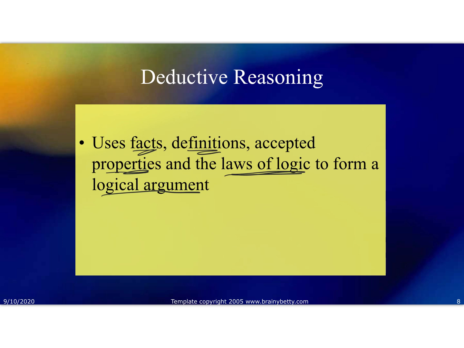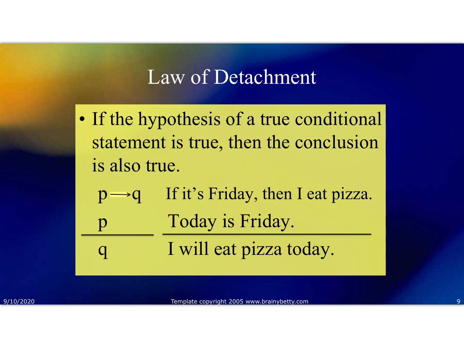We're using real things, definitions and facts. We're not just making an unproven conjecture or conclusion. So within deductive reasoning, we have two laws of logic: the law of detachment and the law of syllogism.